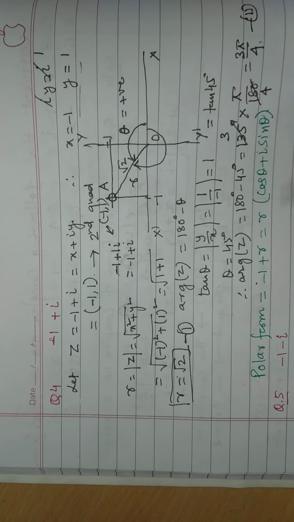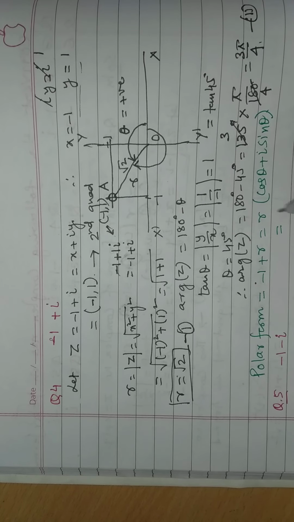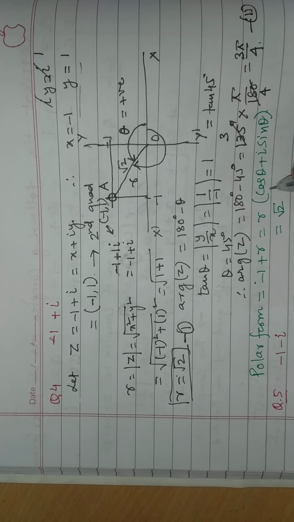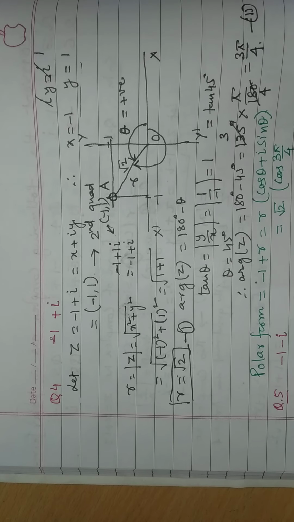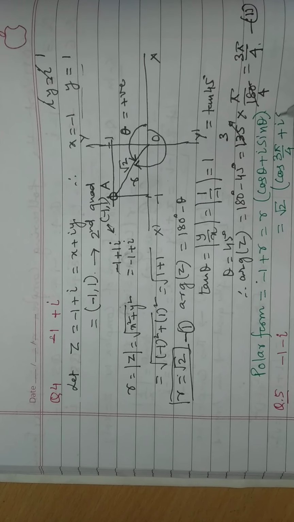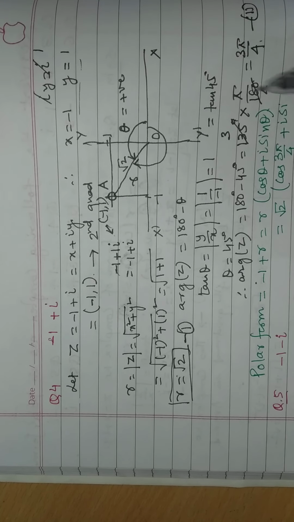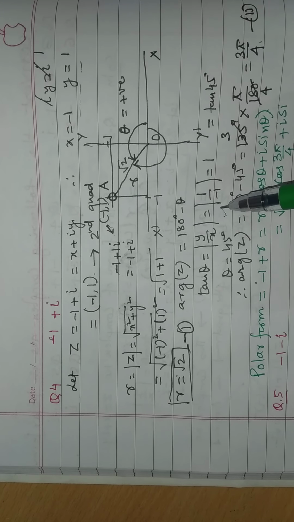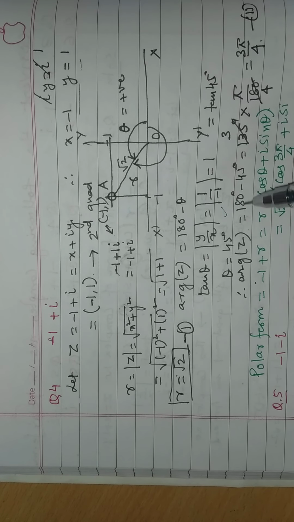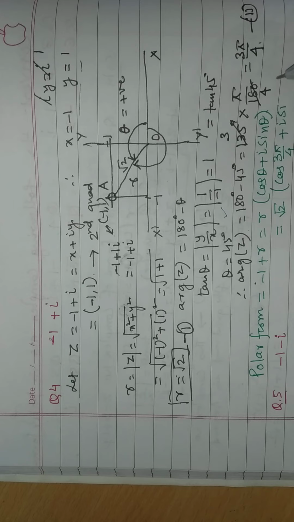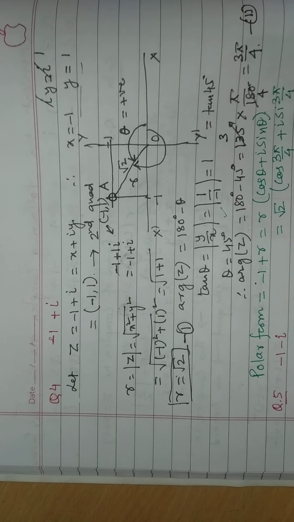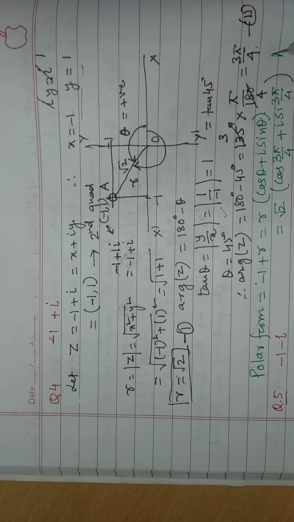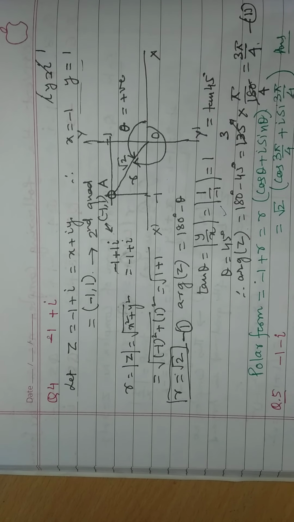So in place of r we are writing root 2 and cos 3 pi by 4. Theta is the argument, and here you can see that this theta is the argument. Theta is 180 degree minus 45 degree, so it is 3 pi by 4. So this is the answer of this question.